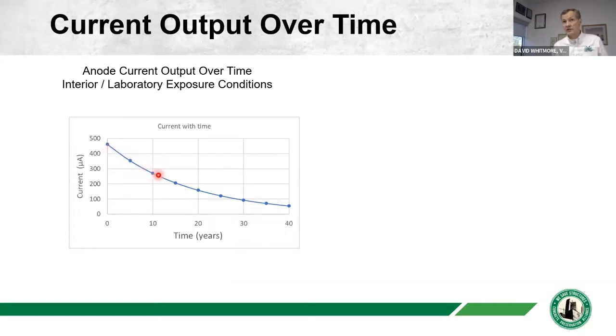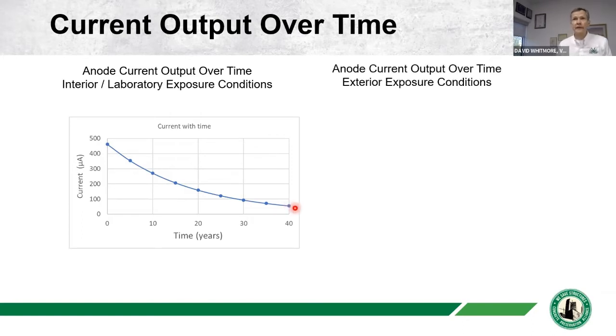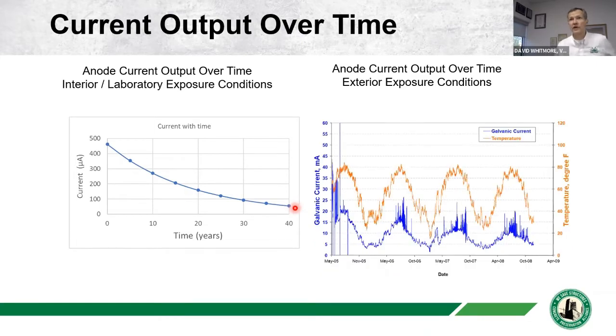Based on everything that we've seen, you'll see a curve that's kind of shaped like this. It's decreasing with time, and it's essentially an exponential decay curve. If you look at data from a real site in the field, and this happens to be from a bridge in Ohio, the orange line is plotting temperature. So this is summer and winter and summer and winter, and you see a few years illustrated here.